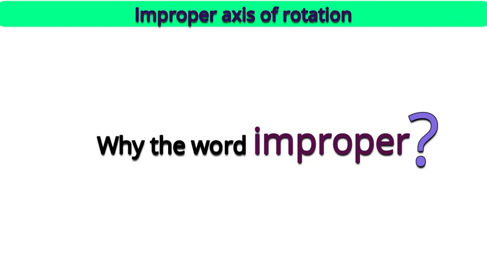Because of not observing properness, we say it is improper. And I told you why we say axis of rotation. So the name for the element we discuss and related operations is improper axis of rotation.